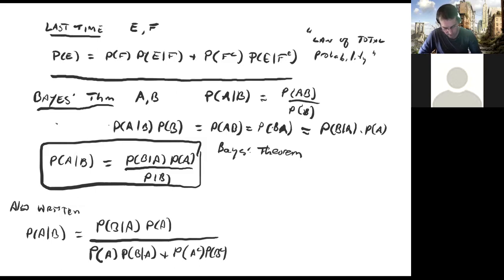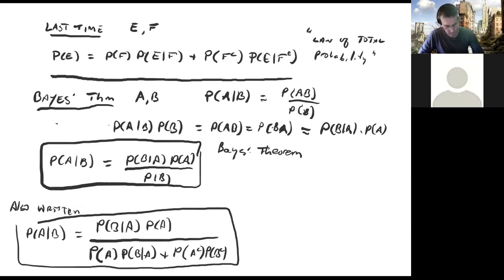So this is the book's version of the formula. I think it's easier to remember this statement, and then when we need the denominator in the form the book writes it, we use the law of total probability.